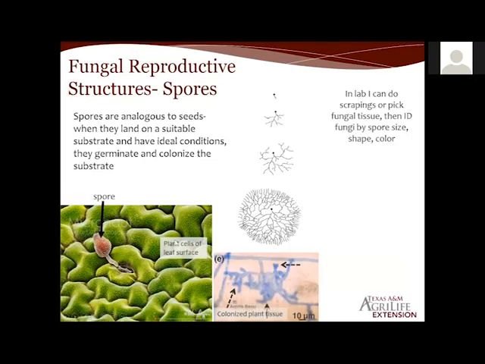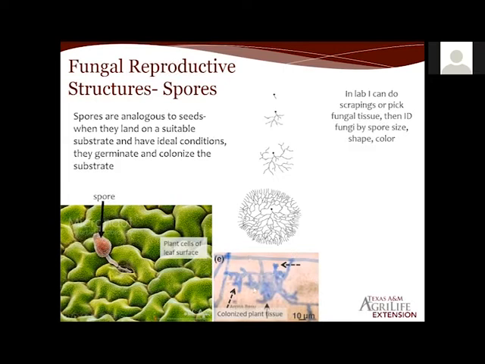All right, so onto spores. These are kind of like seeds. When they land on a suitable substrate and have favorable conditions, they'll germinate and colonize the substrate. In the case of plant diseases, it's going to be typically a plant material of some sort. So here we have a spore, starts to germinate, these little thread-like structures, and it'll continue to grow.